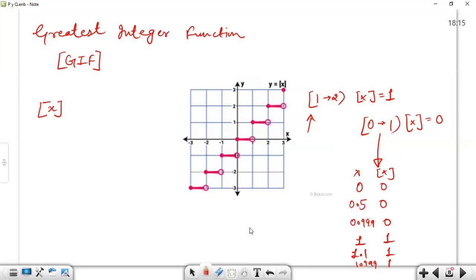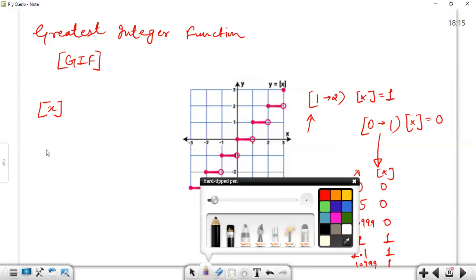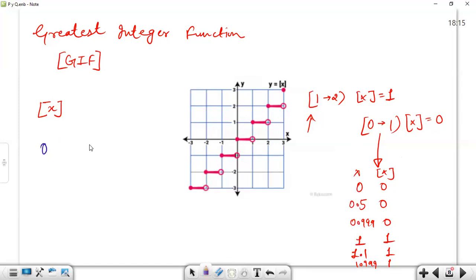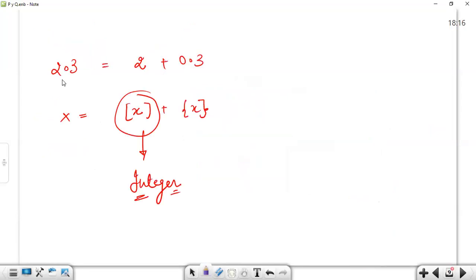Yeah. So let's discuss negative x. For x equals 0, the function is going to give 0 only. For minus 0.1, it will give minus 1. It is always giving the lesser value of the integer. Earlier we considered that 2.3 was a bigger number than 2, but 2 is the integer which is in this.